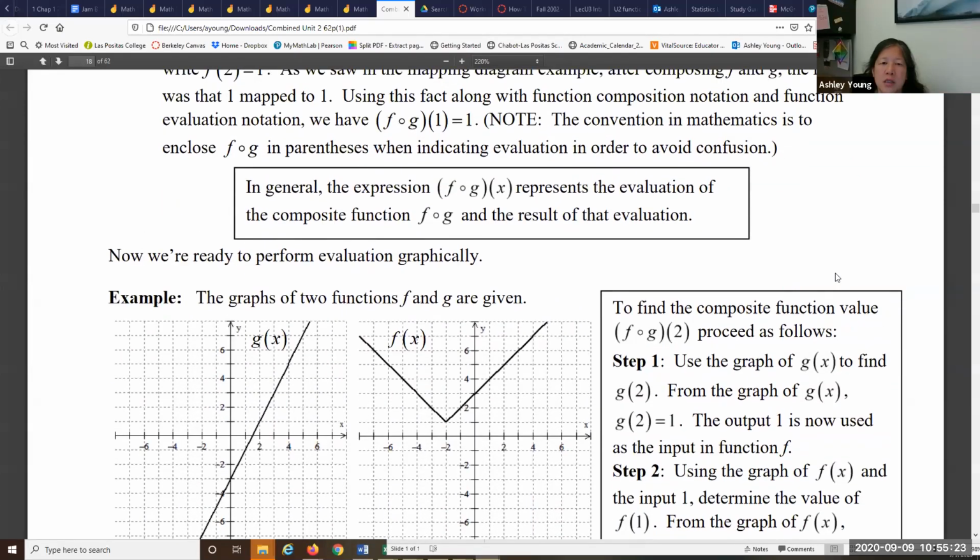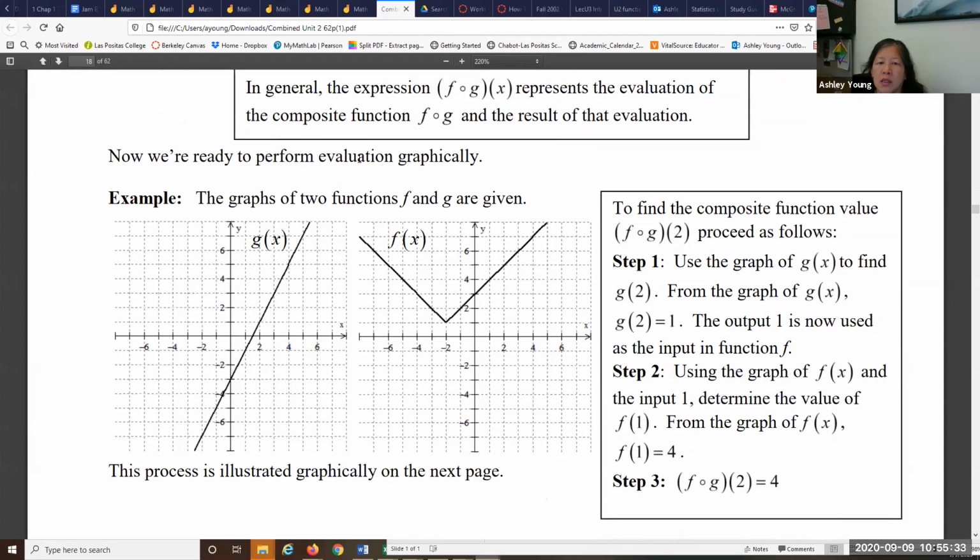All it's saying is f of g, this represents f of g of x. I still think that you should rewrite it. The first thing you should do when you see this f of g of x, rewrite it as f of g of x.